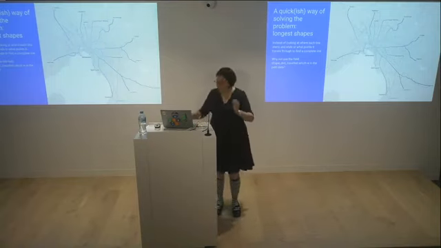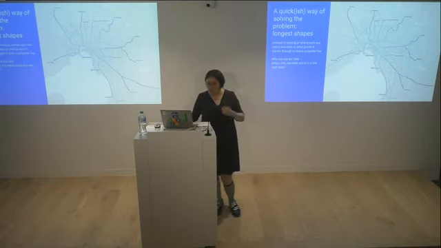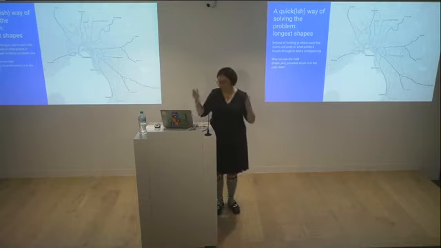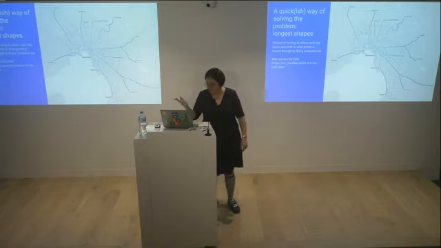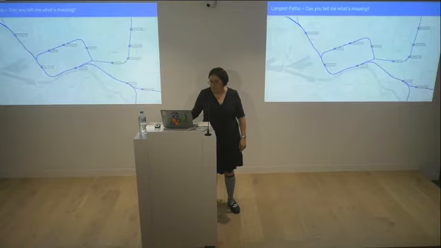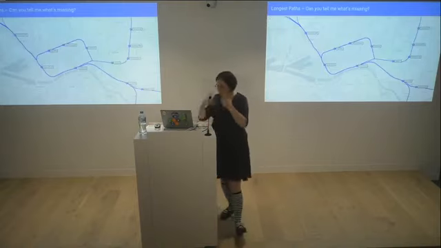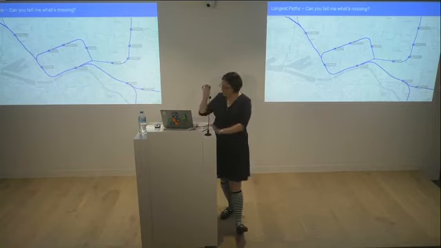So for each shape ID, you take the maximum shape distance travelled and you've got the length of that shape. That was a quick way of doing it, and that's how I did it. So that seems all well and good. Go through the data, find the longest shape for each line and plot it.